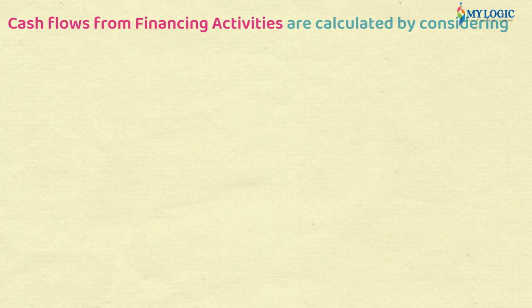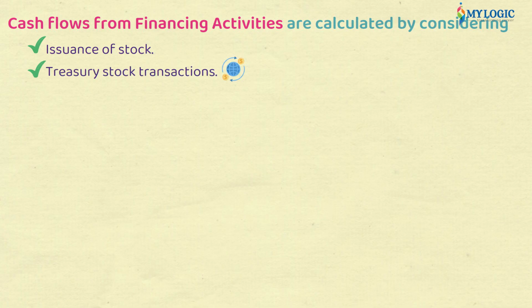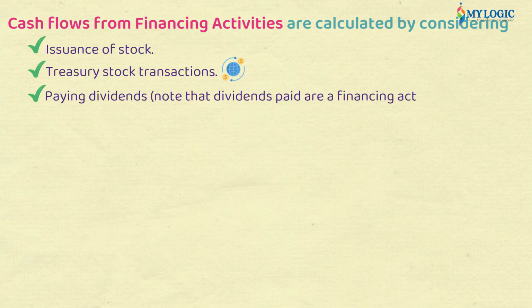Cash flows from financing activities are calculated by considering: Number 1. Issuance of stock. Number 2. Treasury stock transactions. Number 3. Paying dividends. Note that dividends paid are a financing activity but dividends received are an operating activity.